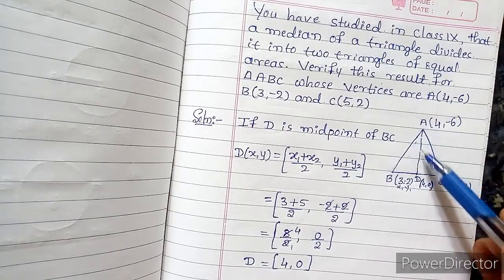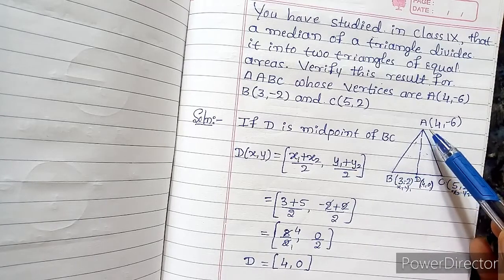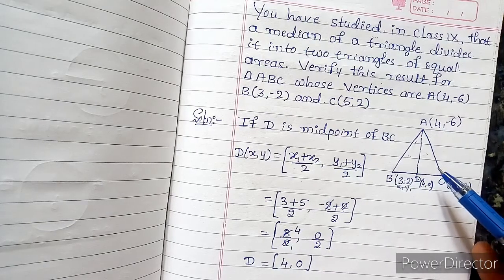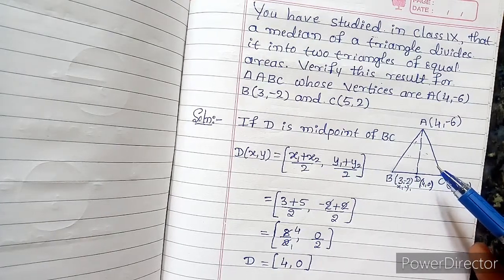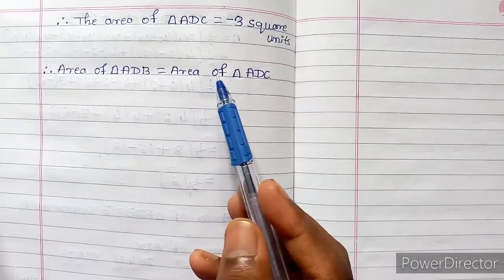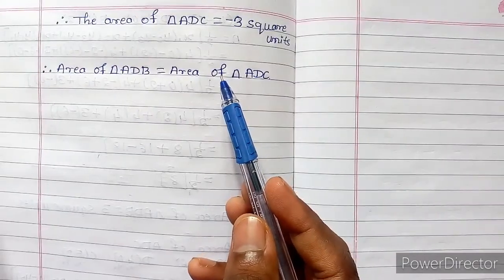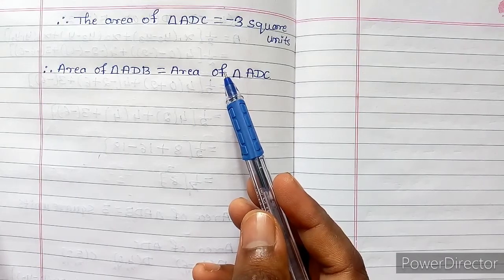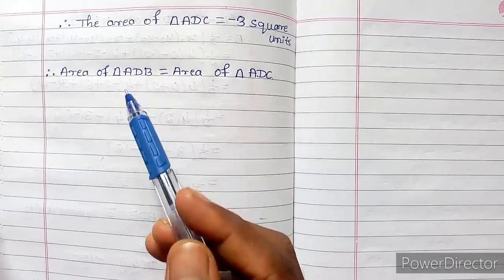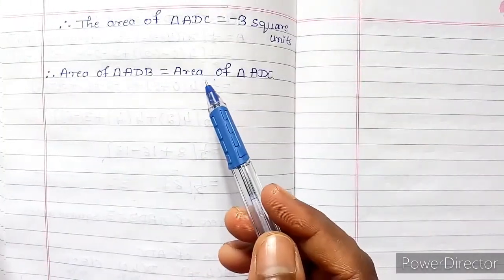That means area of triangle ADB is equal to area of triangle ADC. This one you have already studied in 9th class. Here also area of triangle ADB is equal to area of triangle ADC. Therefore they told verify the result of triangle ABC. That means here both areas are equal.